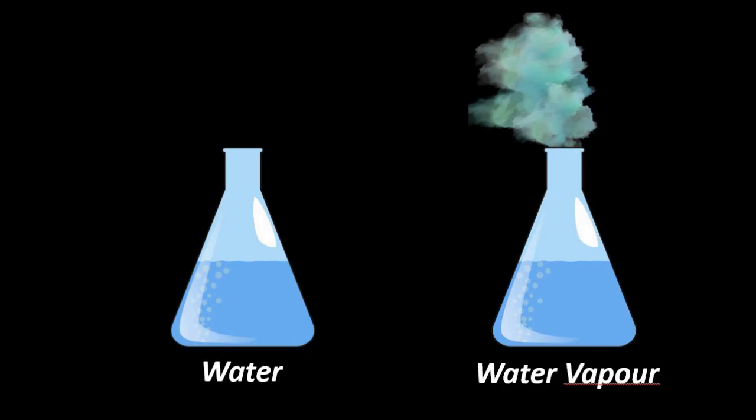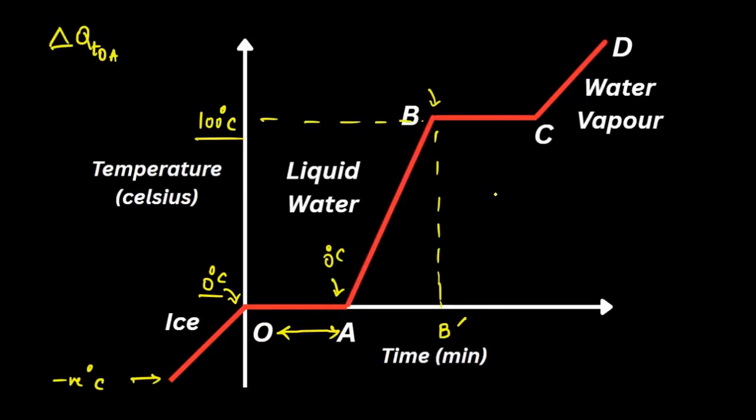Okay, it starts getting converted into gaseous or vapor state. So as long as the entire water at 100 degrees Celsius is not converted into water vapor, the temperature remains the same, that is at 100 degrees Celsius.